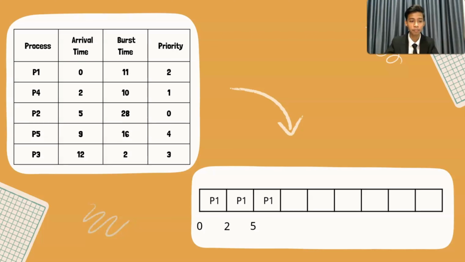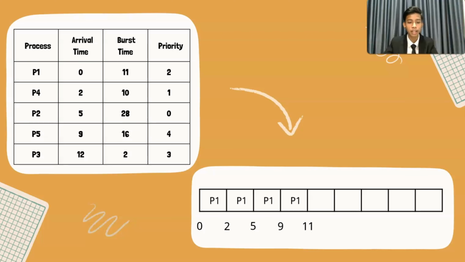Next, at time 9, P5 arrives. We compare with the remaining burst times of P1, P4, and P2, which are 2, 10, and 28 respectively. Therefore, P1 is still the shortest remaining burst time, so it executes again until time 11.